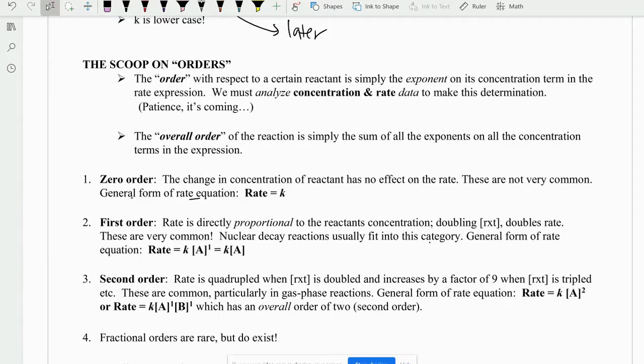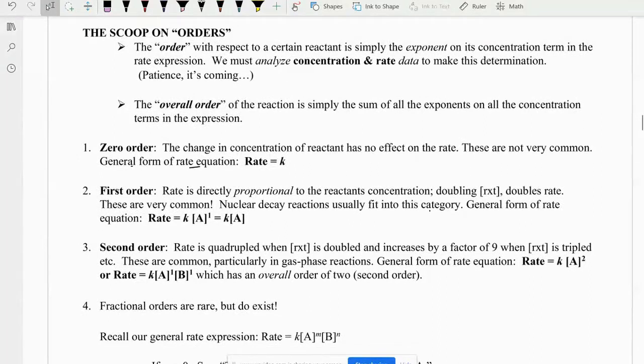One more time, we must analyze concentration and rate data to make the determination of what the order is of a particular reactant. Another term you're going to hear is the overall order of a reaction. When we say that, this is simply the sum of all the exponents of the concentration terms in the rate expression. Okay, again, we will do some examples.